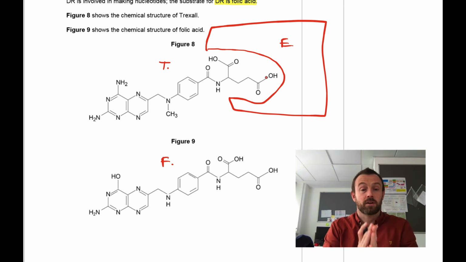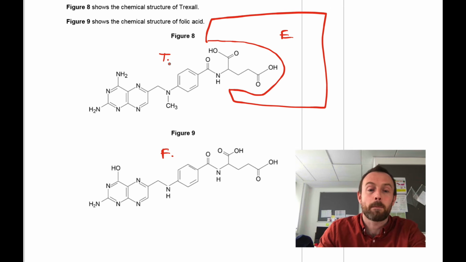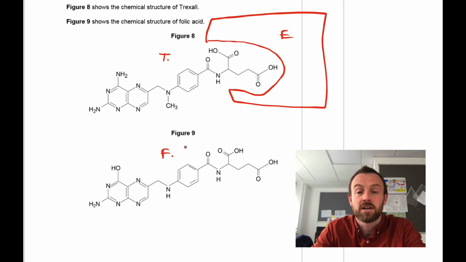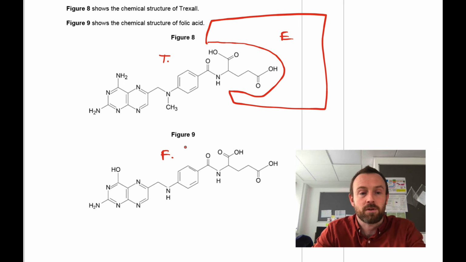So you need to say the two substrates have a very similar shape and would both be complementary to the active site of the enzyme. So Trexol acts as a competitive inhibitor. If Trexol binds to the active site, the substrate folic acid cannot enter the active site, so no enzyme substrate complexes can be formed, and the rate of reaction will be slower.